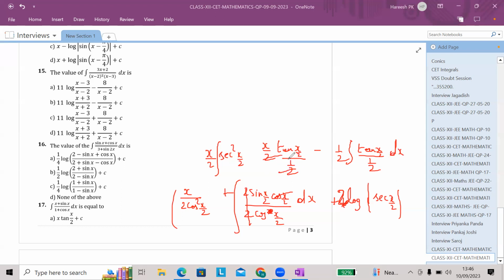So anyway, this and this will get cancelled. And here you have minus tan x by 2. And you don't even have to integrate here. Here you have plus tan x by 2. So minus tan x by 2 and plus tan x by 2 will get cancelled. So the answer is simply x tan x by 2. So that's option A.